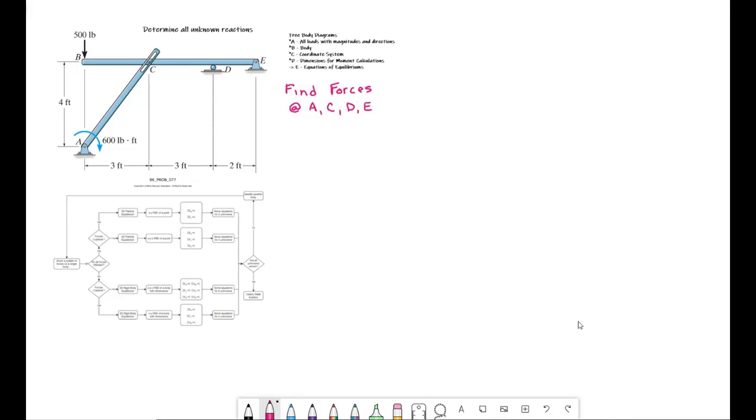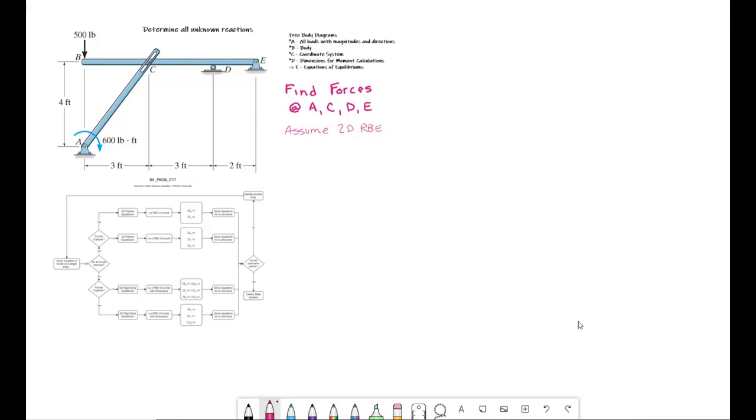And let's make that pen a little bit smaller. There we go. Let's write down that we're assuming 2D rigid body equilibrium.